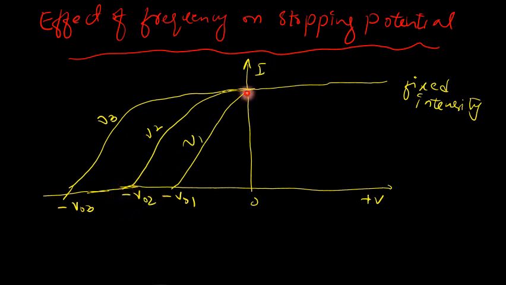In the same way, we use light of another frequency mu3 for a fixed intensity, and when we increase the retarding potential and reach the point minus V naught 3, we get another stopping potential for the frequency mu3.